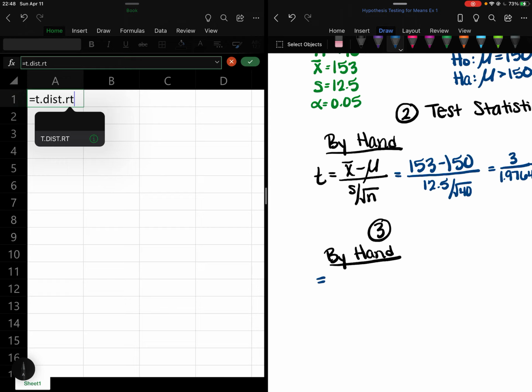So to do this by hand, quote, by hand, it's by hand, but it's using Excel for this part. We're going to do t.dist.rt. I want the right tail. I want everything to the right of the t-score that I'm going to put in.